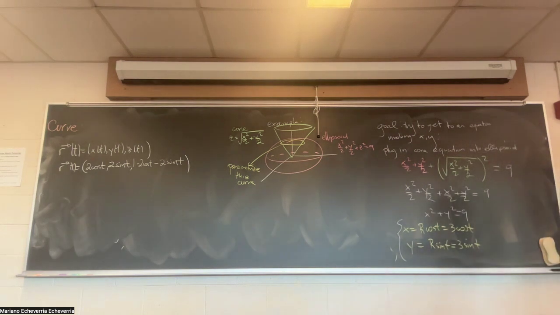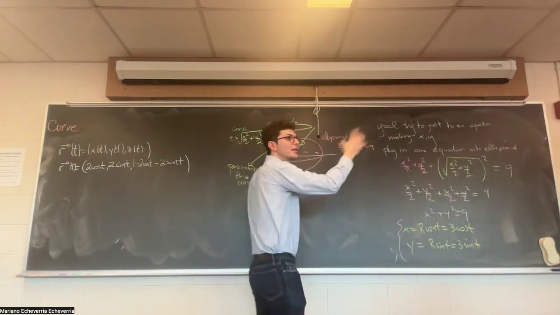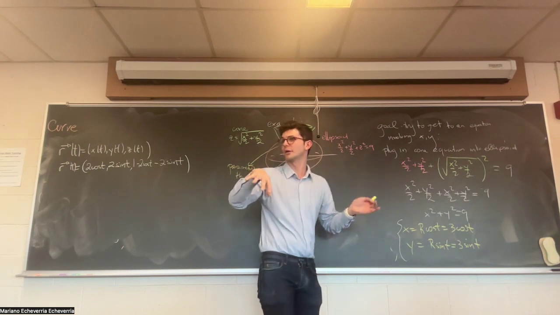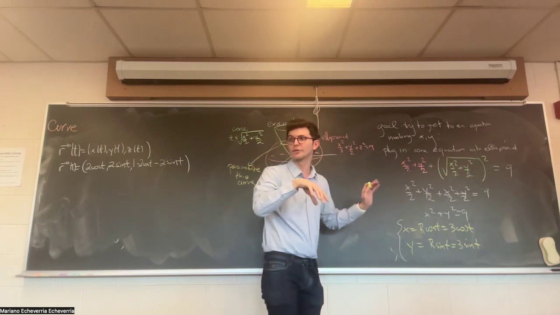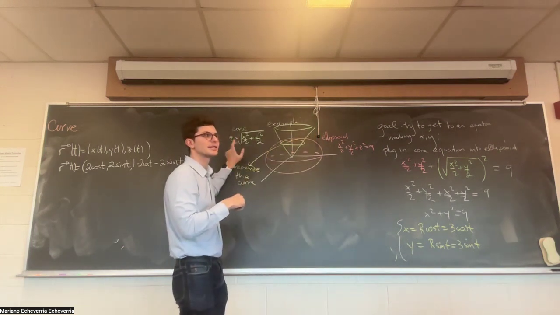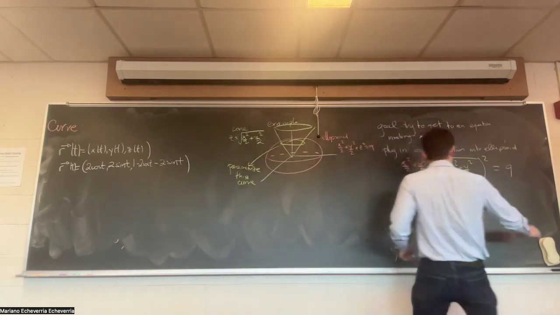So far, so good. And what is z? For z, you can use any of these two equations because the intersection is supposed to satisfy both at the same time. So you can plug in x and y in your favorite equation. In this case, it's easier to plug it into the cone because the cone is already solved for z, right?